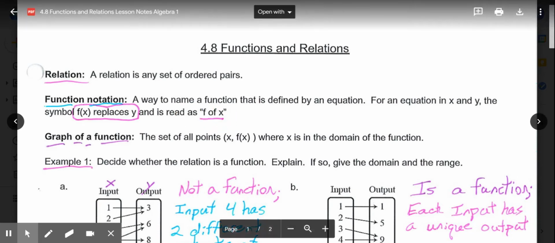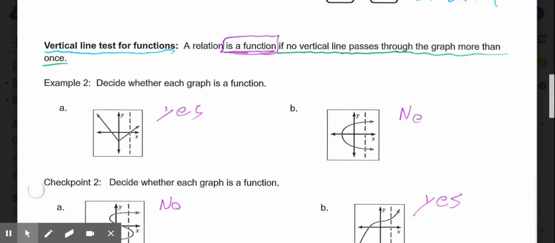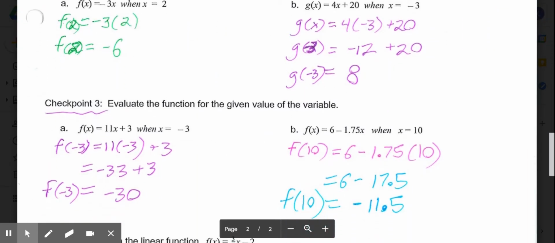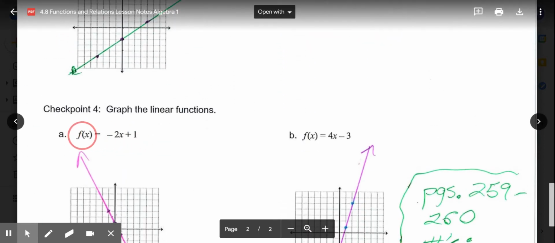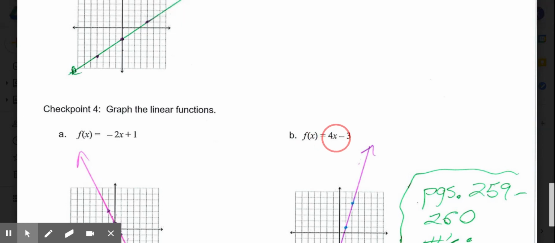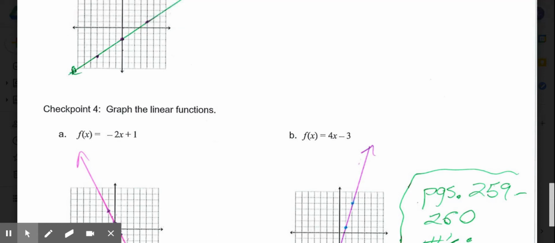So an example of function notation, I'm going to jump down a little bit here in the notes, would be something like this. F of x equals negative 2x plus 1, or f of x equals 4x minus 3. Both of those equations are written in function notation.